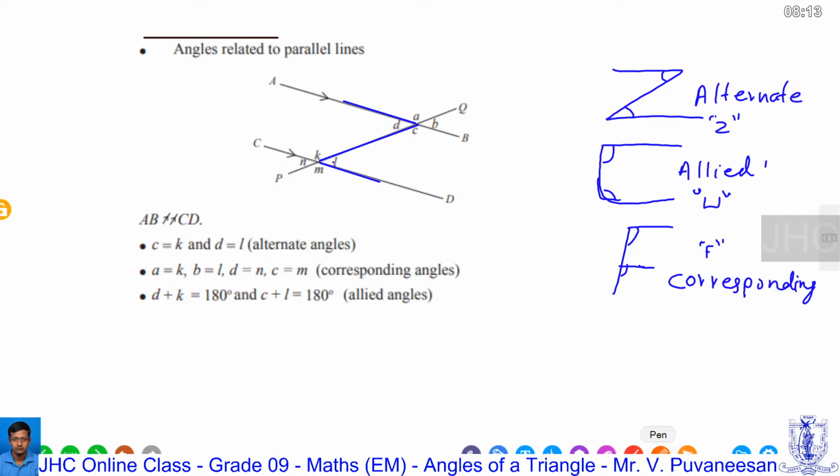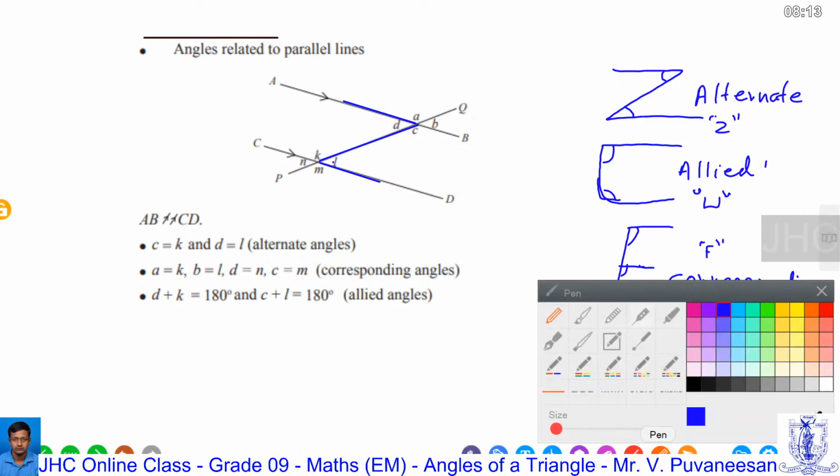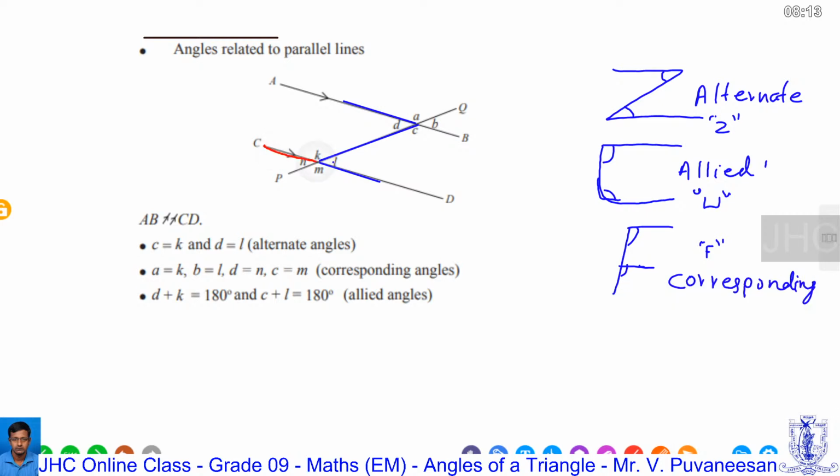At the same time, we can see another pair, K and L, C and K are the alternate angles, a pair of alternate angles.